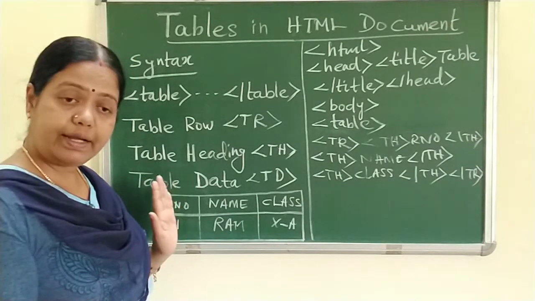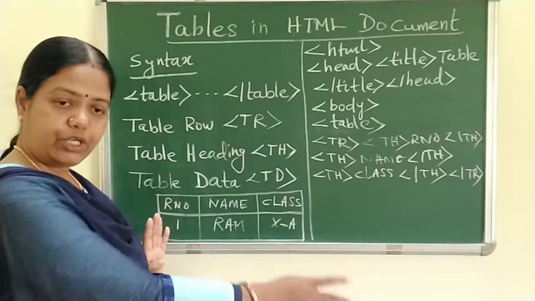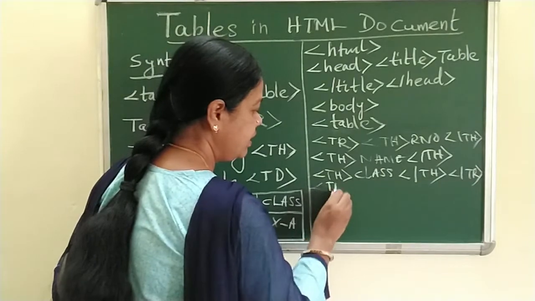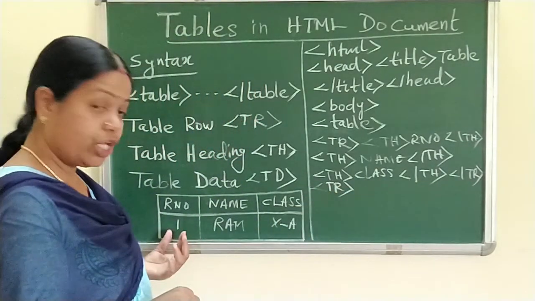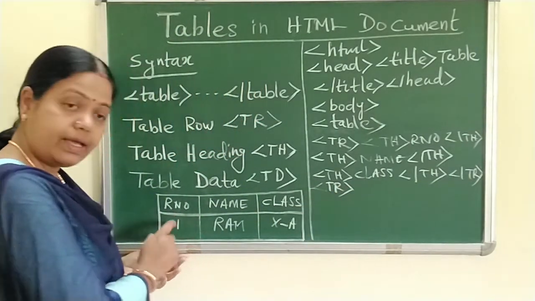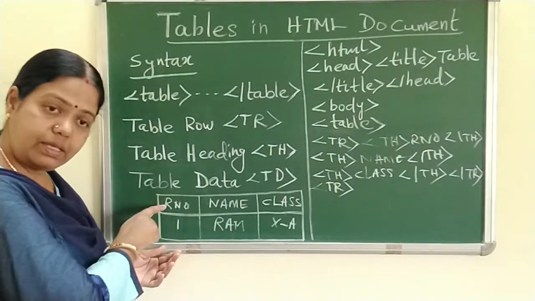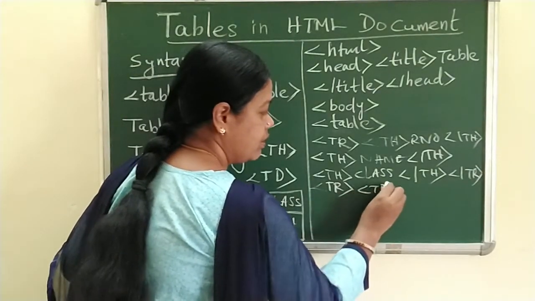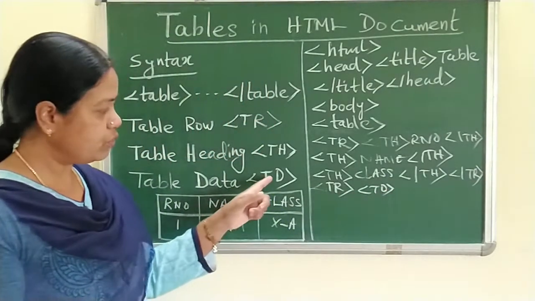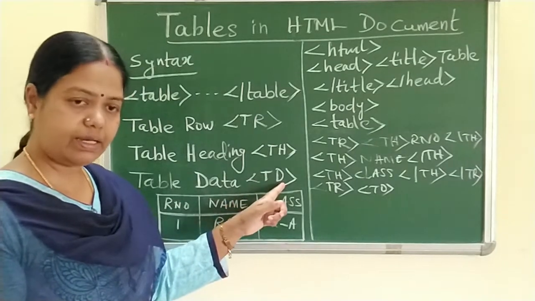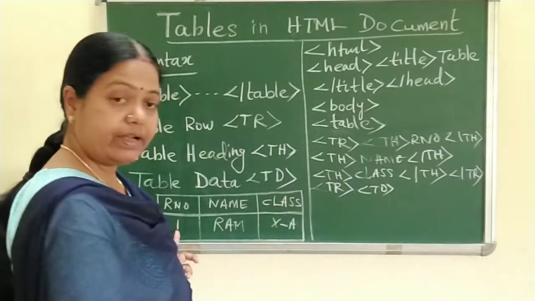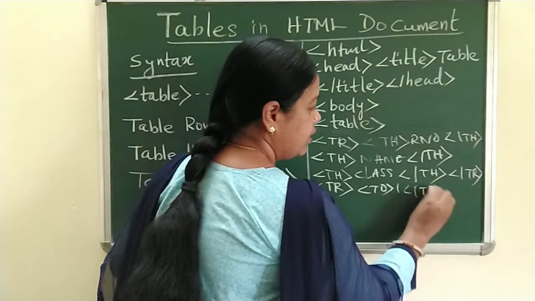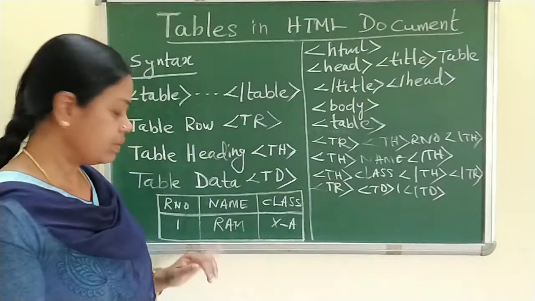Once you have started a row, from left to right you have to complete it. Now the second row is tr. The second row, first column, is a data for this column heading. So now td, for displaying the data, we have to use the table data element. td, and the value for the cell is 1, and close the table data.